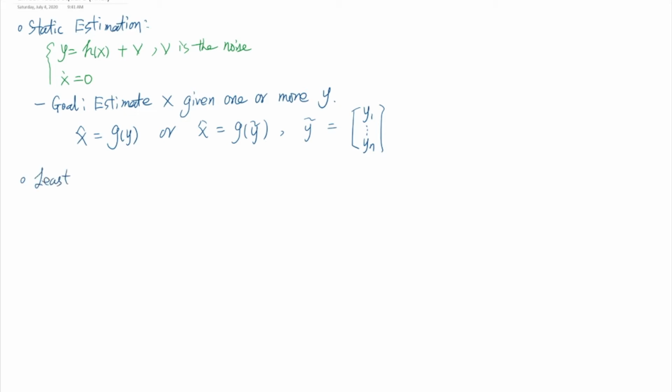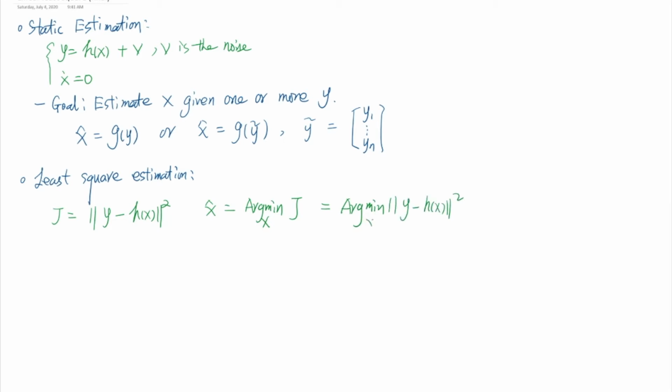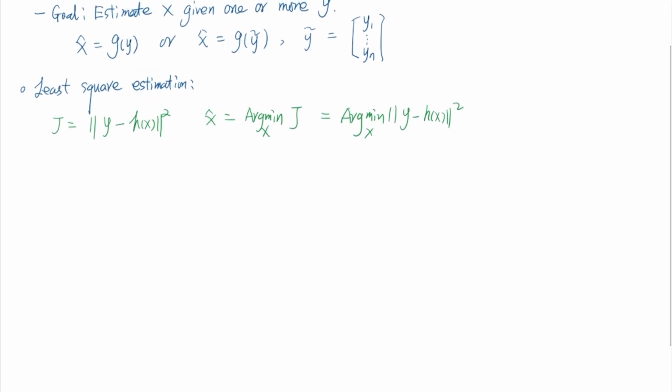For linear least square estimation, the goal equation is just J equals the norm of y minus hx squared. And we are trying to find the value of x hat which minimizes the value of J, or the value of y minus hx squared. This is the most basic expression.